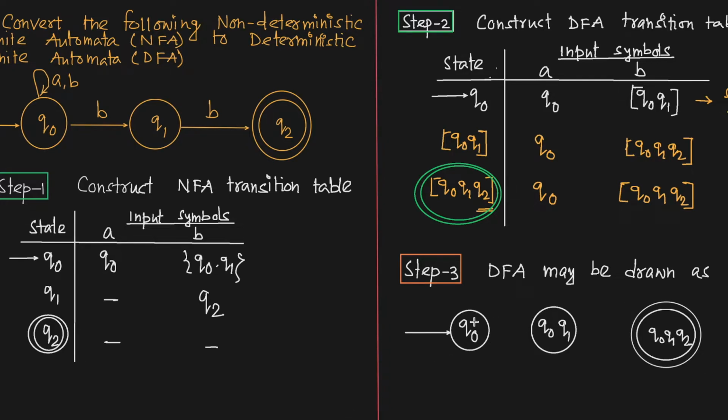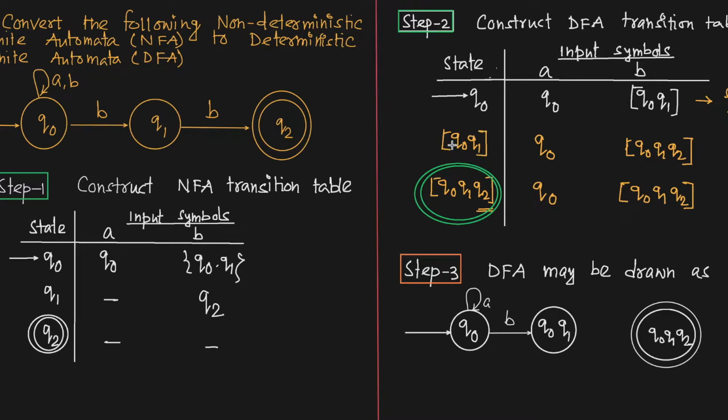Q0 on A goes to Q0. Q0 on B goes to Q0 Q1.